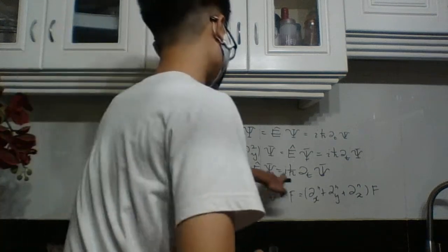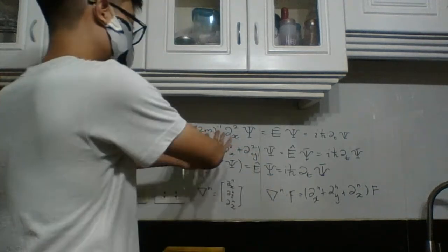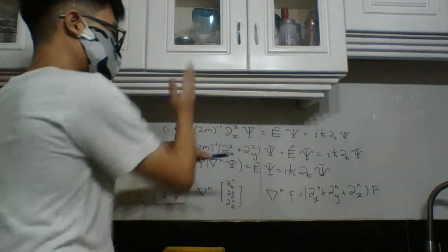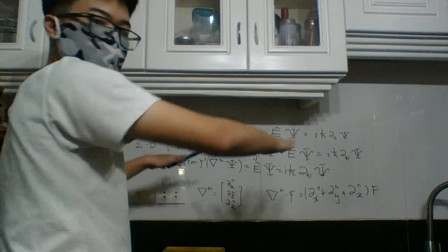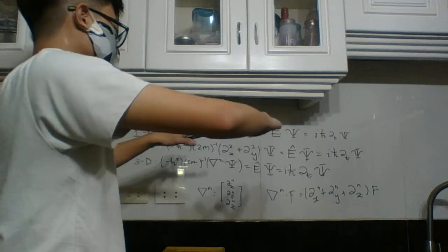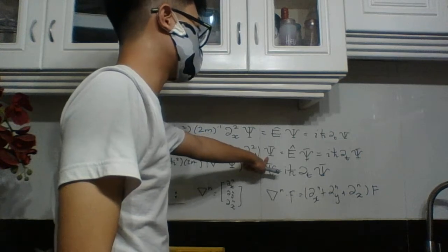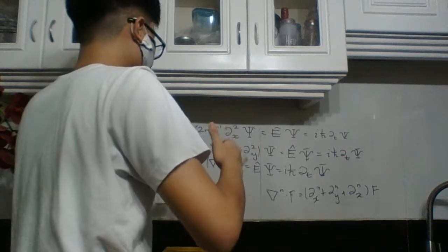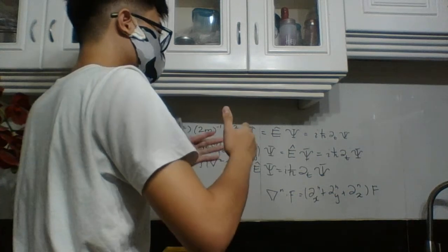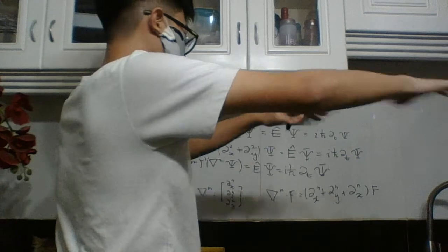So this is the three-dimensional case. As in two dimensions, we have a wave function that must now be three-dimensional, and when we take the norm squared of this wave function, we get a probability density that gives us the likelihood of finding the particle at certain points in time.